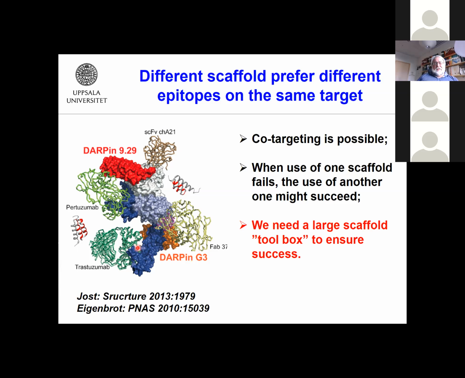Different scaffolds have different preferences in their binding. For example, Affibody molecules have a flat binding surface, and that means that they need to have also a flat antigen to be efficient.